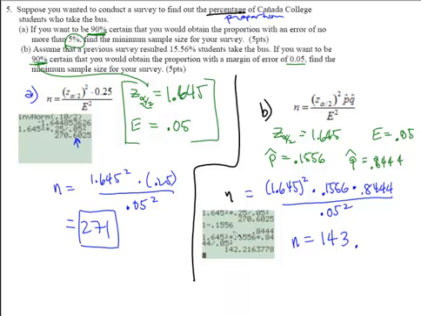So back to my comment, by knowing a little bit more information about a previous study, this will allow you to get the same sort of results statistically with a fewer sample. So the comparison, 143 samples versus 271, allows us to get a smaller sample if we know a little bit more about what we're studying. Okay, so that's problem number 5.